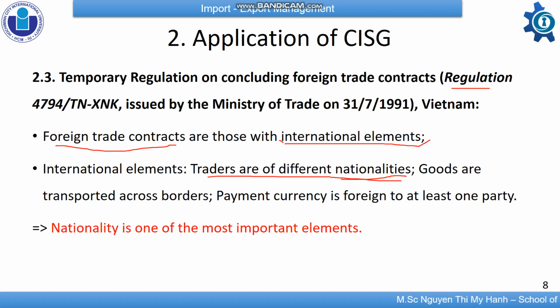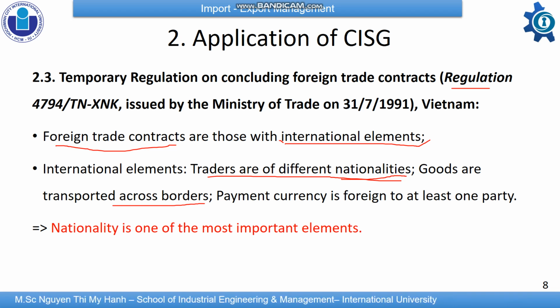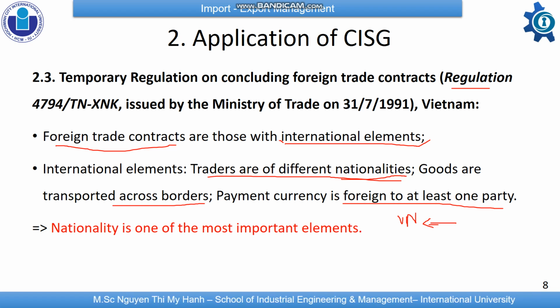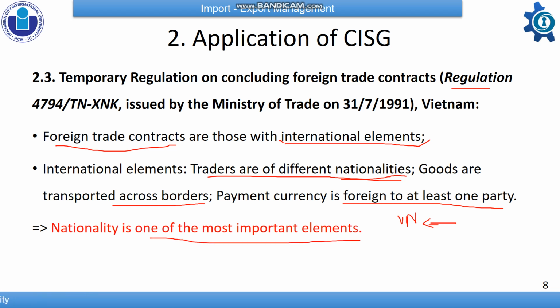The second one, goods are transported across border. And finally, the payment currency is foreign to at least one party. Okay, so for example, we are in Vietnam, so the payment currency is not Vietnamese dong, it's another currency. Okay, and here in this regulation, the nationality is one of the most important elements.